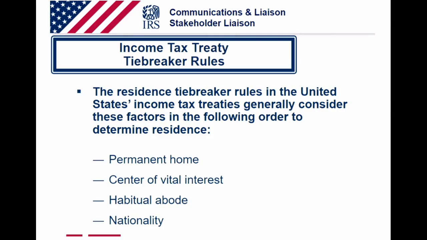If, however, that seems to be fairly even, then the next step would be habitual abode. And again, it would be very unusual for that to be a tie. But if it were, then the next step would be to consider nationality. Of which country is the person a citizen?